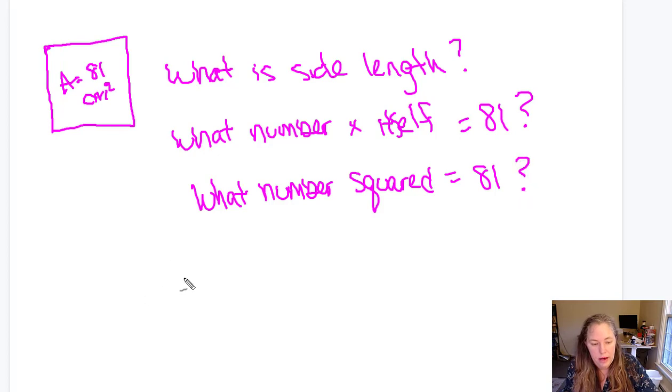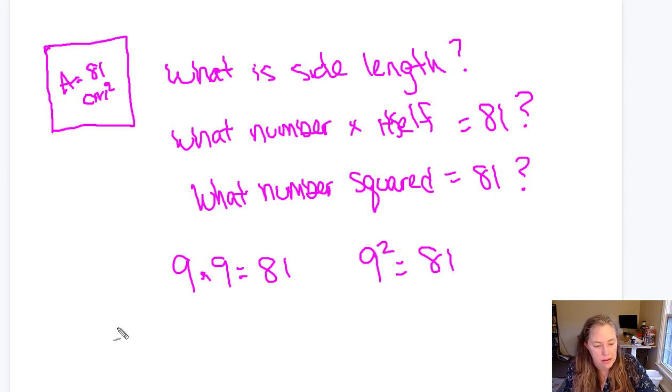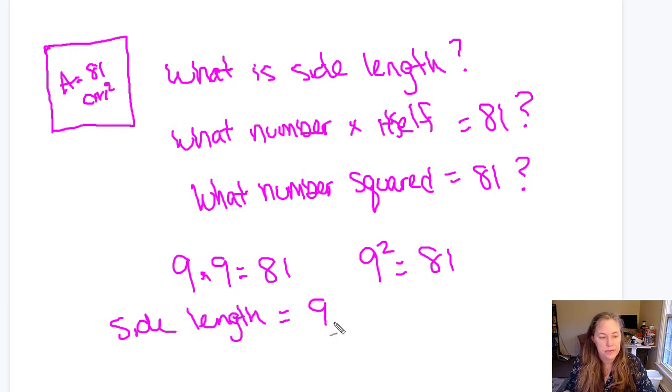We know that 9 times 9 is 81, otherwise known as 9 squared is 81. So the side length of this is 9 centimeters. I often forget units because I am more of a mathematician than a scientist. 9 centimeters.